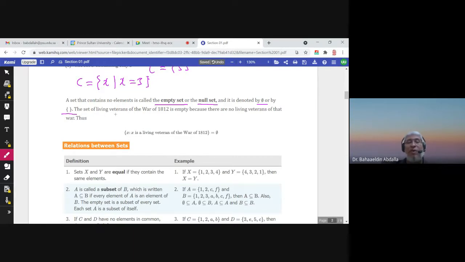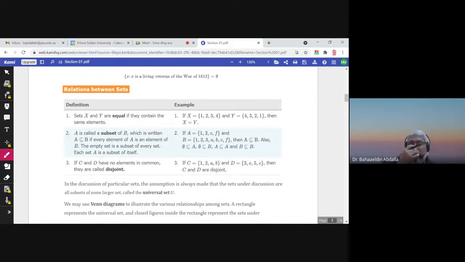The set of living veterans of the War of 1812 is empty because there are no living veterans of that war. So we can say that this set, which consists of all X such that X is a living veteran of the War of 1812, is phi. It's an empty set because they are all dead.